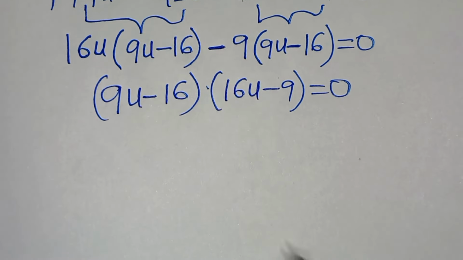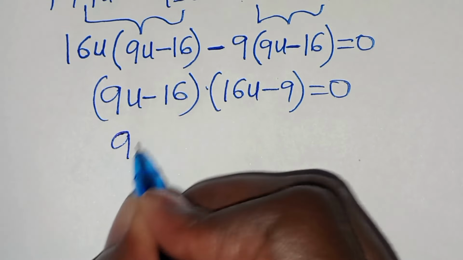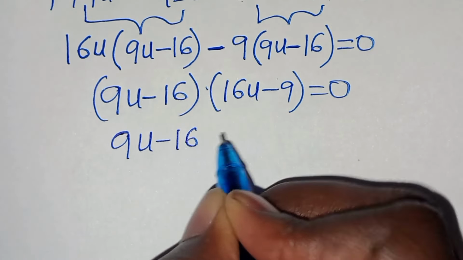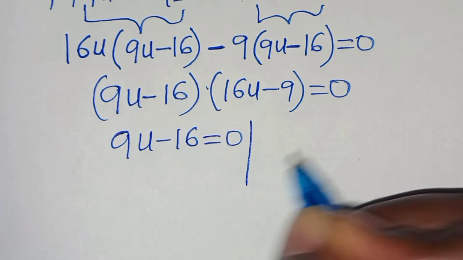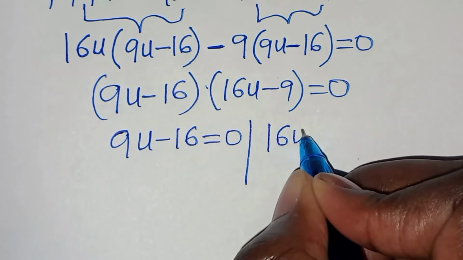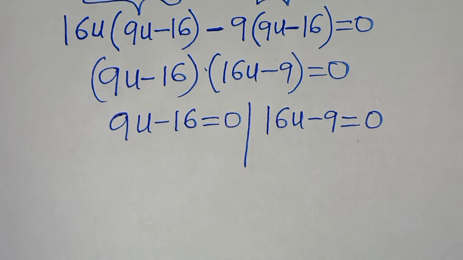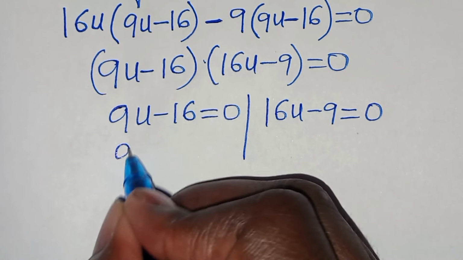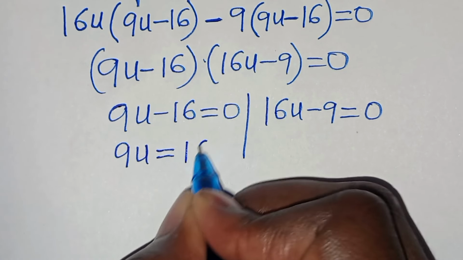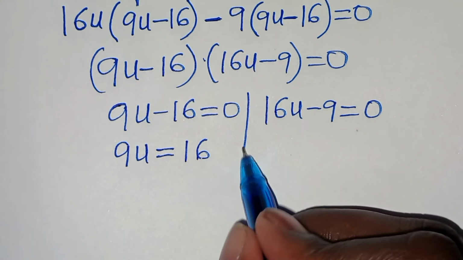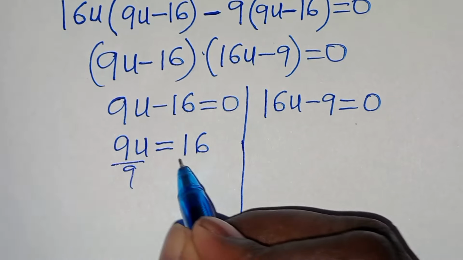So we have got two parts here. We have 9u minus 16. This is equal to 0. And we have 16u minus 9. This is equal to 0. So from the first part here, we have 9u is equal to 16. So let's divide everything here by 9.